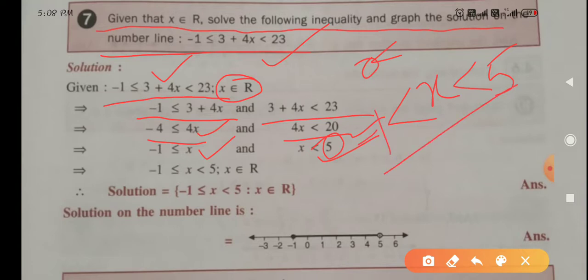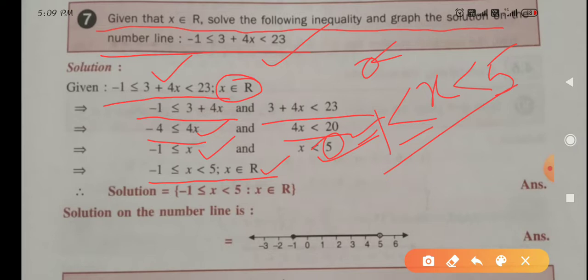So this is the inequality. Like this you can combine. At -1 the equal to sign is here, so at -1 you can put the equal to sign. So -1 ≤ x < 5, and x belongs to real numbers.